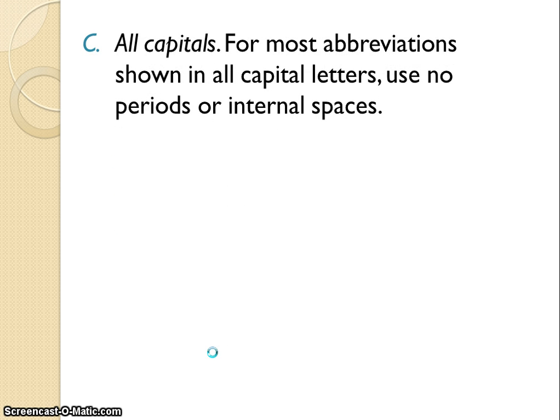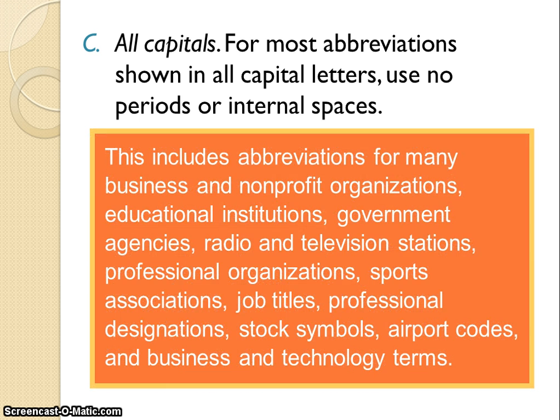Okay, if it's an all-capital-letter abbreviation, you use no periods or internal spaces. And so here's our list. It includes abbreviations for many businesses, nonprofit organizations, educational institutions. If we were saying Butler Community College, we say BCC. We just put those three letters together with no periods between them.